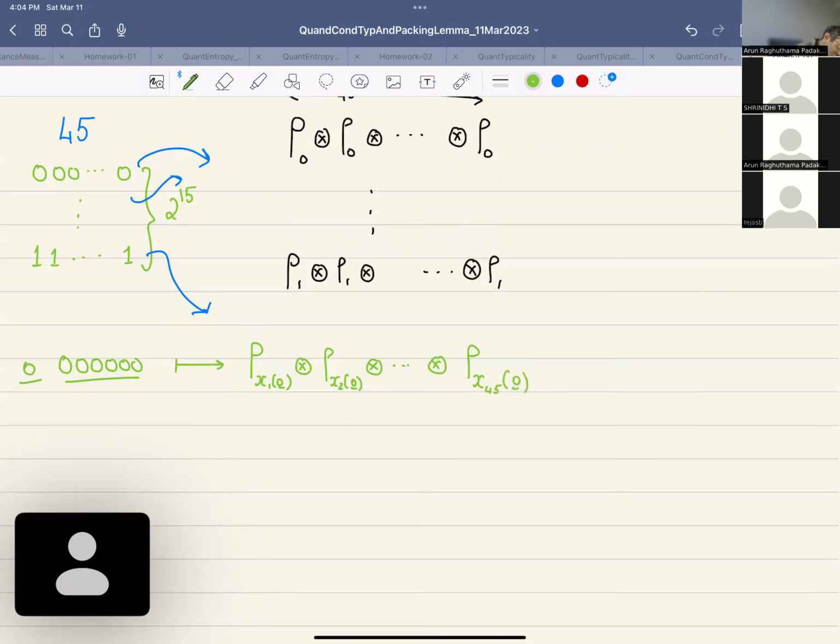Do you agree with this? Yes. So this is your choice. So your choice is determined by this sequence, right?